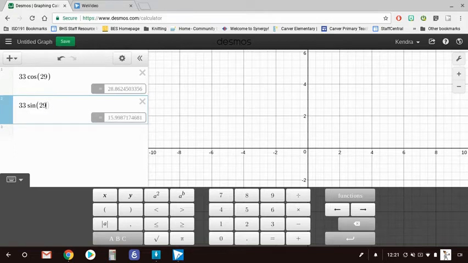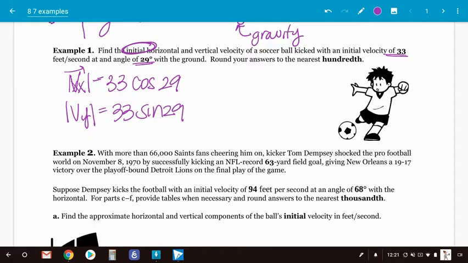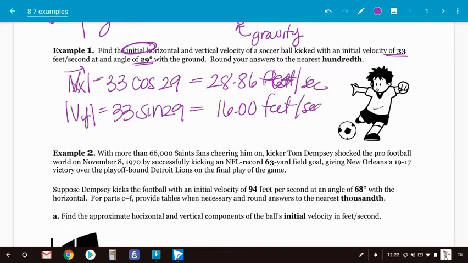So I got 28.86, we'll go with that. 28.86, and this is feet per second. And for the y, we have about 16 feet per second. Okay, so those you just type in Desmos.